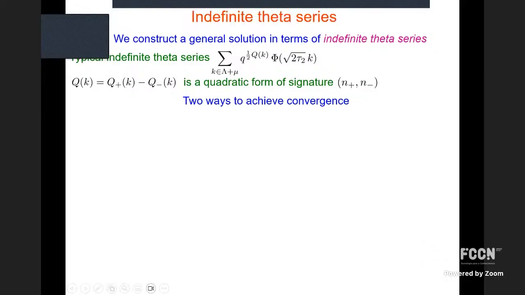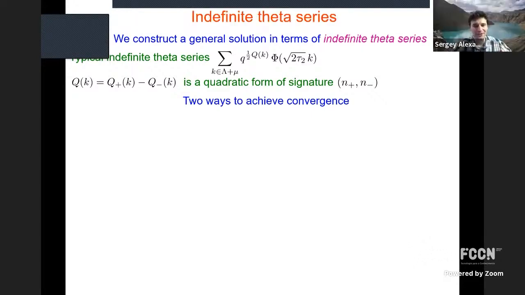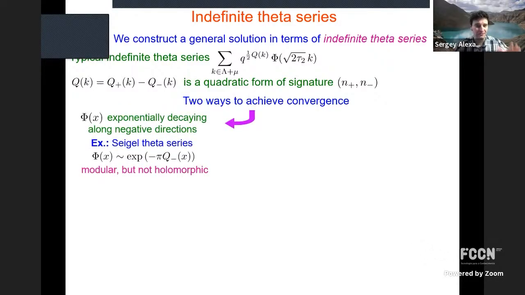Okay, so let me continue before it stops. Two ways to achieve convergence for indefinite theta series. One way is very simple: you insert a damping factor, which ensures that along these dangerous negative directions you have an exponential decay. So you introduce the exponential of minus q minus.